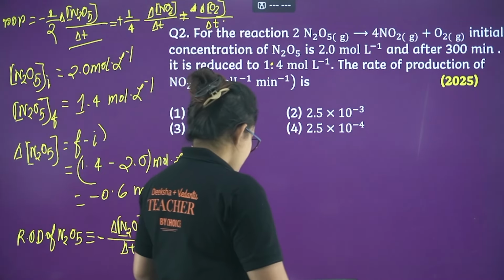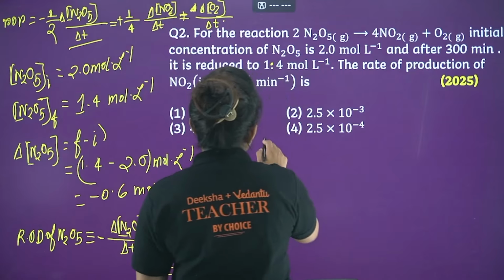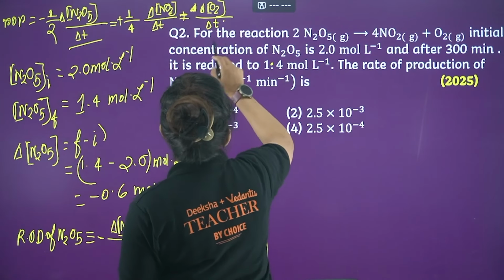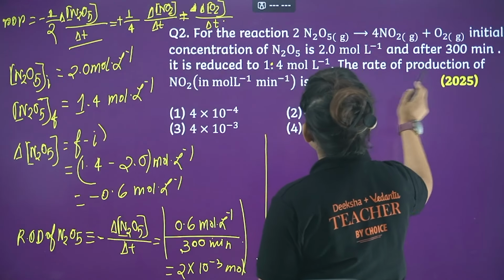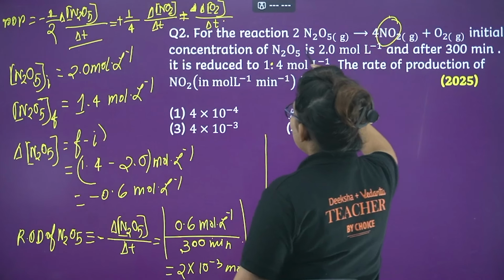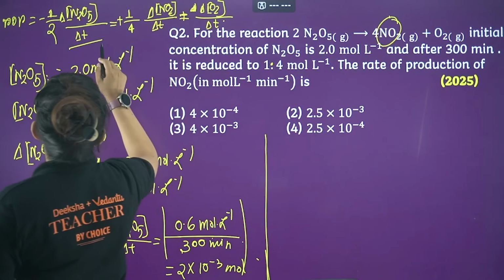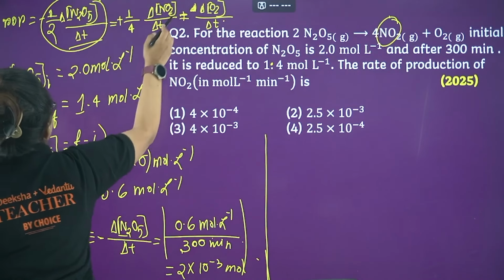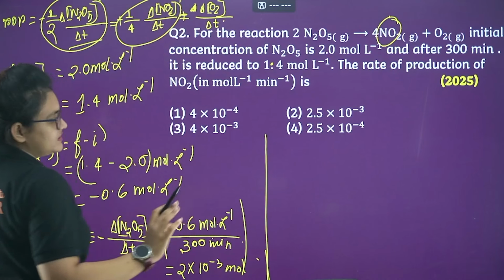Okay, so now how should I proceed? I have to find out the rate of production of NO2. From this particular equation, take this term and take this term and equate them.